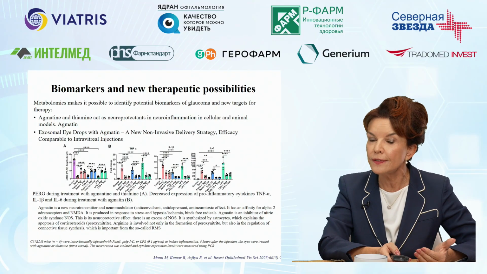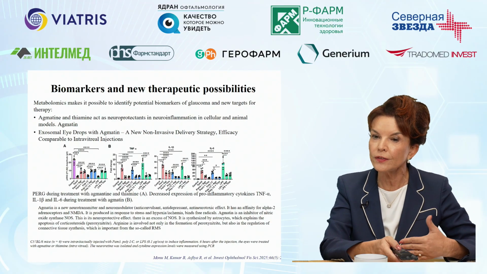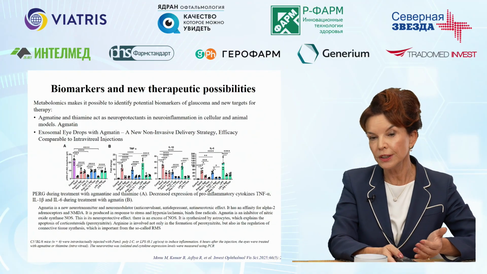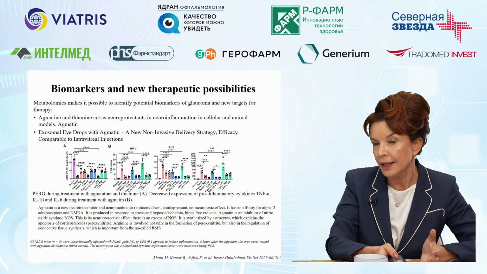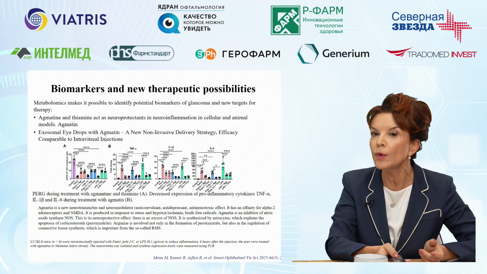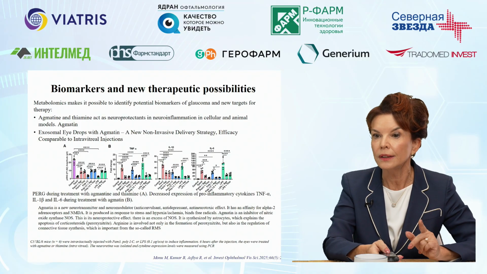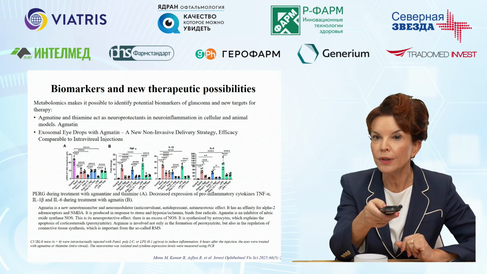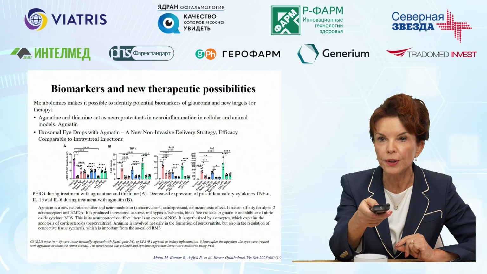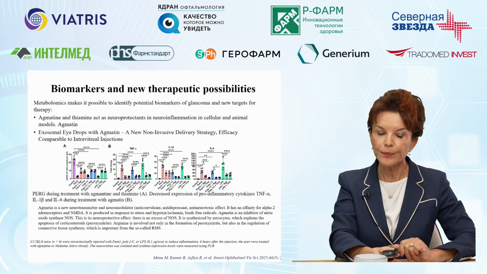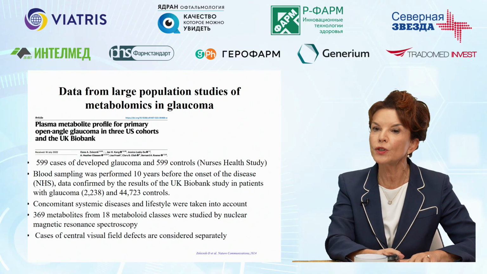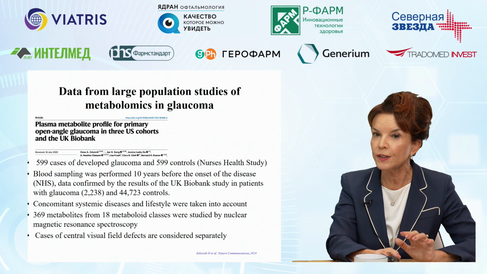The effect was assessed by PERG and cell count, and it turned out that indeed these drugs significantly improve the course of neuroinflammation, which was modeled on mice, and they were direct neuroprotectors, having an effect on the synthesis of nitric oxide. I would like also to draw your attention to yet another important publication and to show you that these metabolic studies are very important.